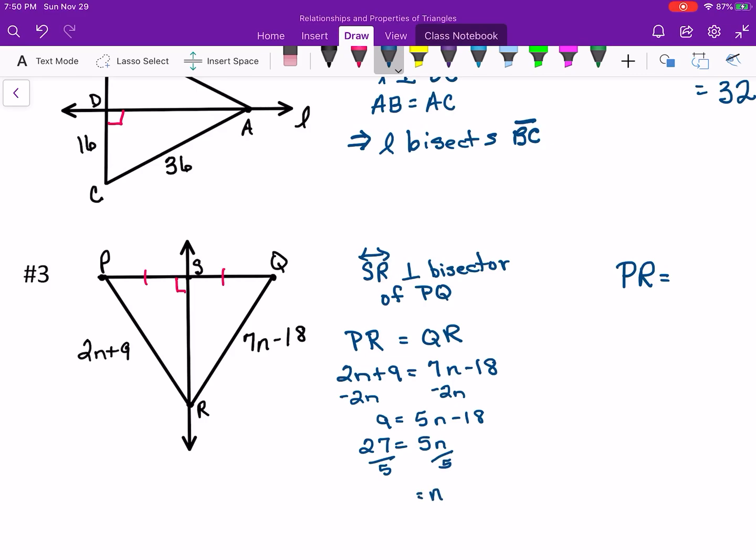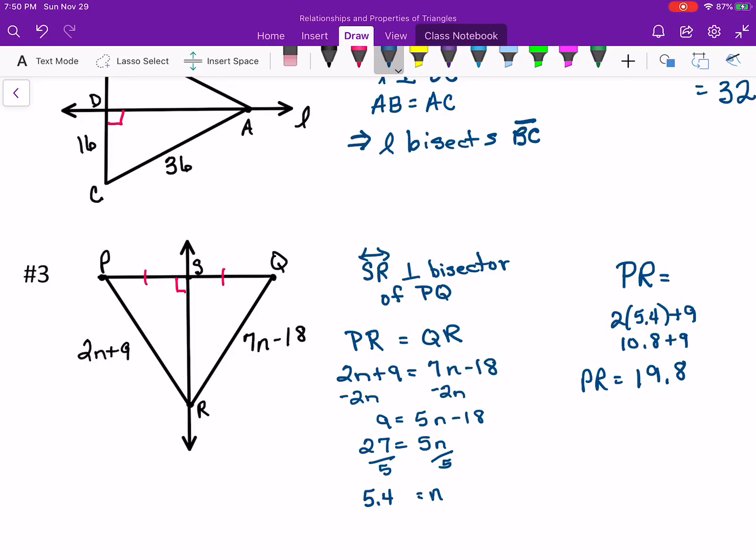Or if I go ahead and divide it out, I will get 5.4 for my n. So since PR is 2 times n plus 9, it's 2 times 5.4 plus 9. That would be 10.8 plus 9, or 19.8 is my length of PR. I don't know the exact units, so it's just 19.8 units.